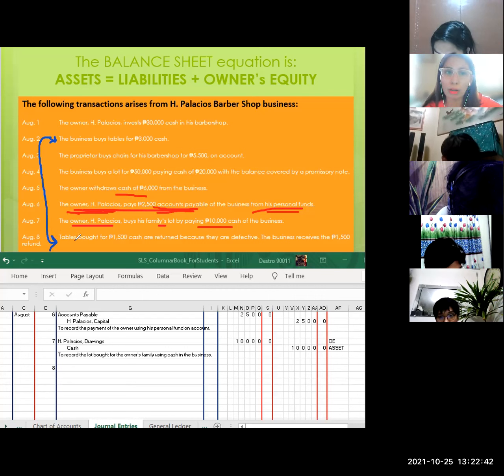Now, this tables bought 1,500 cash. Keyword po, may cash. Since cash is mentioned, therefore there should be cash. Title, are returned because they are defective. Binalik sa pinagbilihan. Okay, di ba?